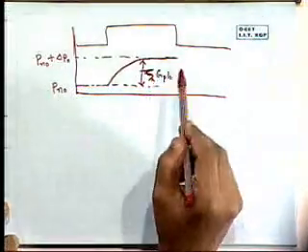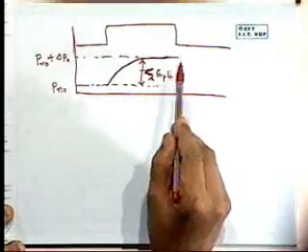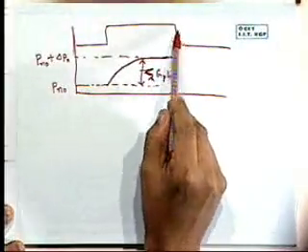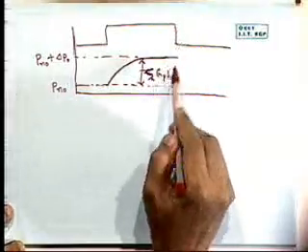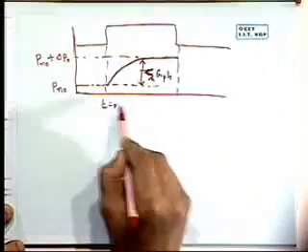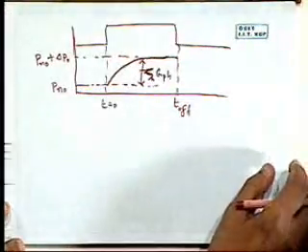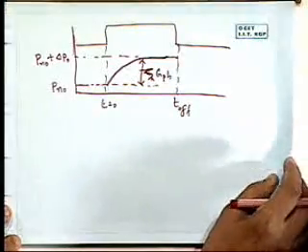So we know this part of the diagram. Now we are also interested to know what happens to this excess minority carrier concentration after the light is switched off. Beyond T off, which is this point, that's T0, and this is T off. Beyond this, how is the minority carrier concentration going to behave is the question.